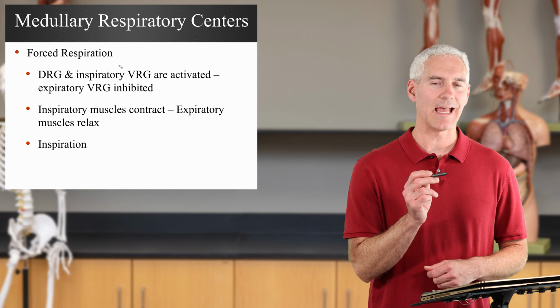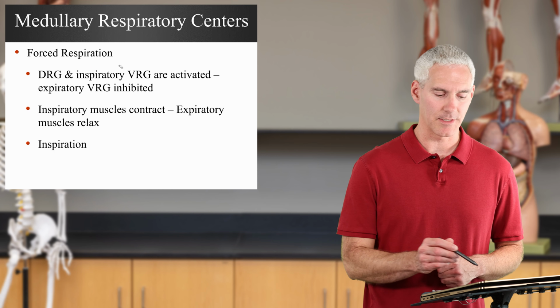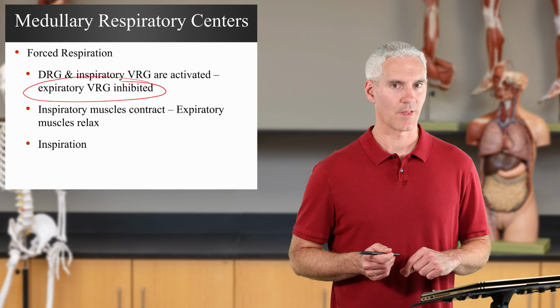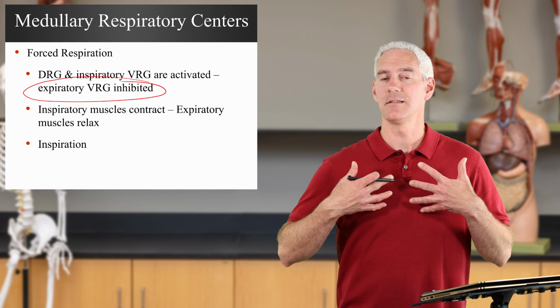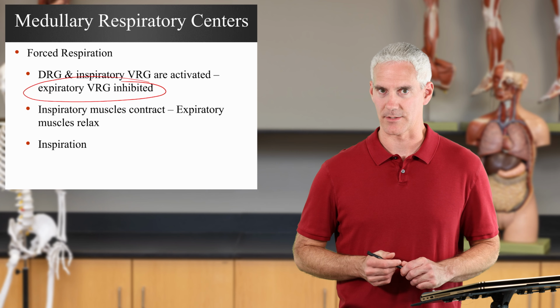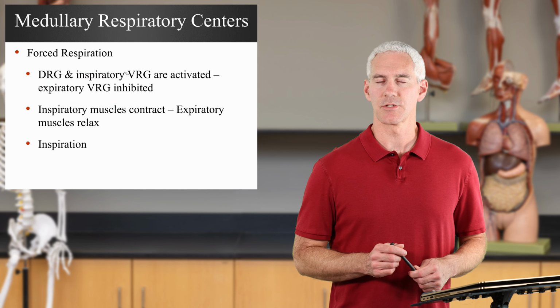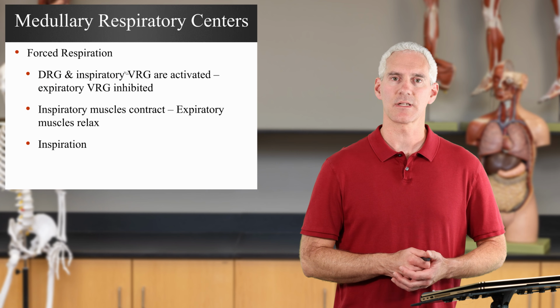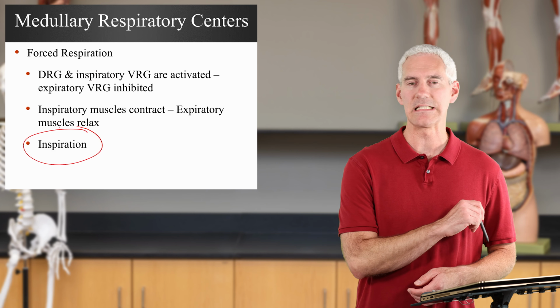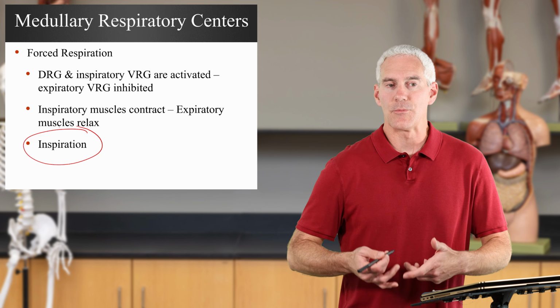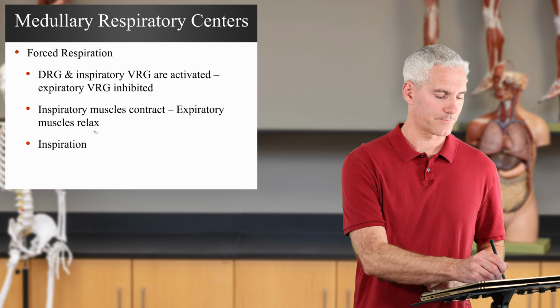You're going to activate the inspiratory and inhibit the expiratory. So you stimulate, saying, hey, breathe in. You inhibit the breathing out part, which makes sense. So your inspiratory muscles contract, expiratory muscles are relaxing, allowing for inspiration to occur. Deep breath in. You breathe forcibly in.